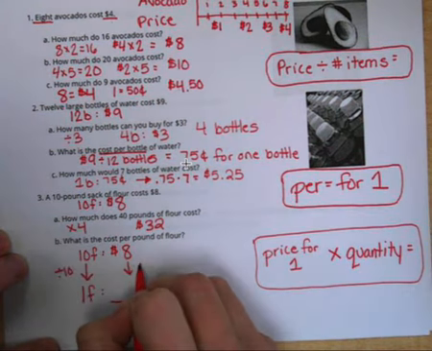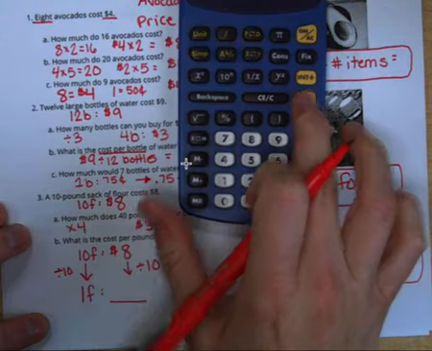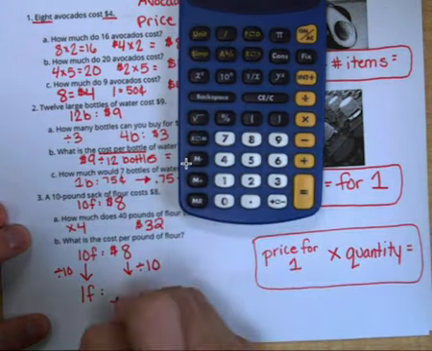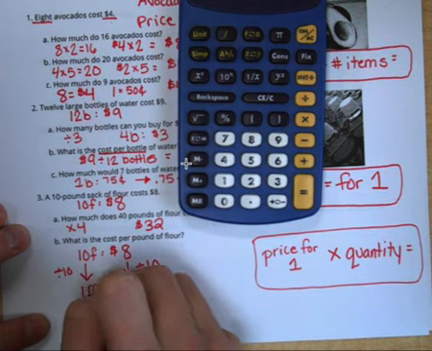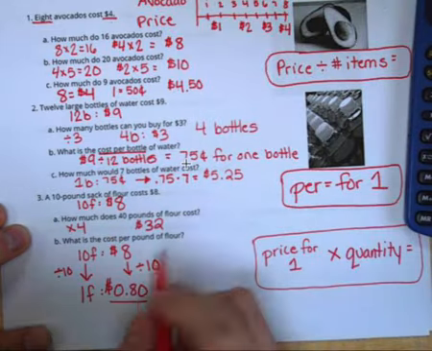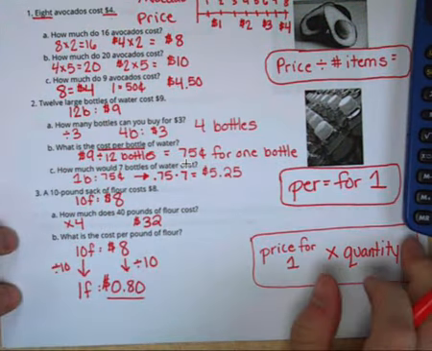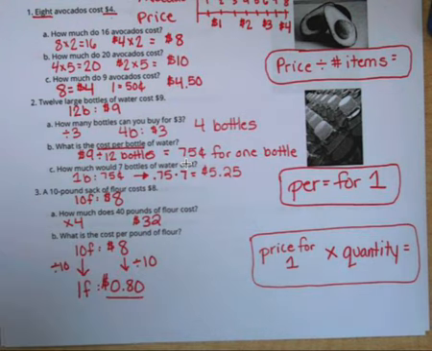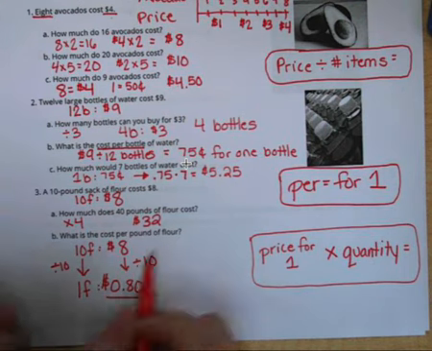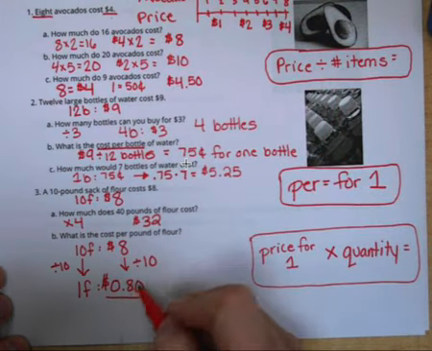So on this side, we divide by 10. 8 divided by 10 is 0.8, which is 80 cents. So that's 80 cents for 1 pound of flour. Notice that we divided each side by 10, so our ratio stayed equivalent. And we divided by 10 because we could do our price divided by the number of items as our shortcut.